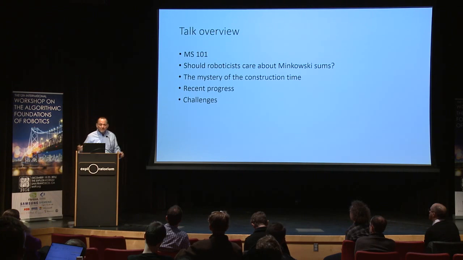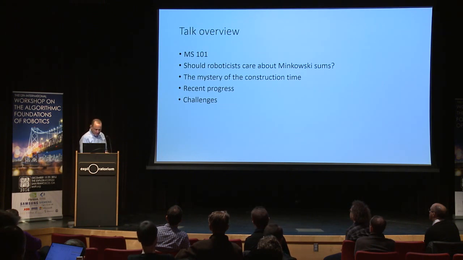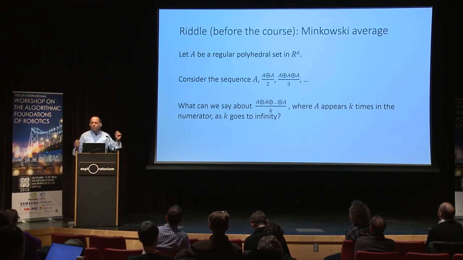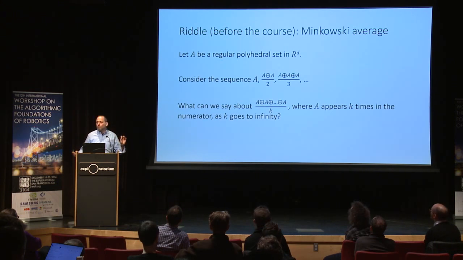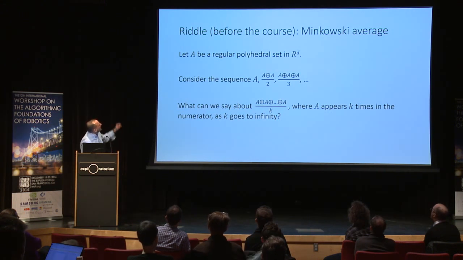Now, since quite a few of you know what Minkowski sums are, before I move on to the mini course on Minkowski sums, I'll give you a small question so you won't be too bored during the introduction. And here's the question. I give you a nice set in the plane. It's not necessarily connected, but it's a nice set.